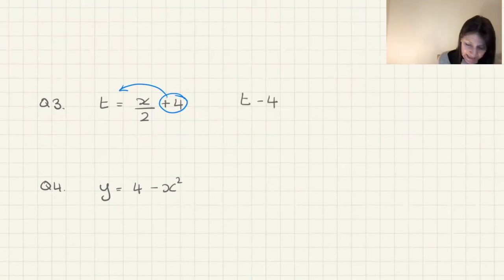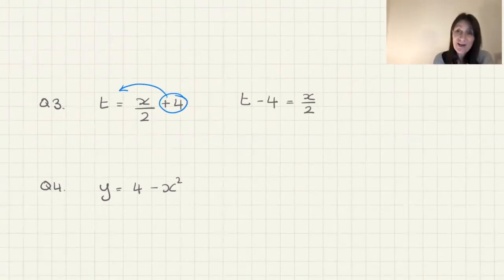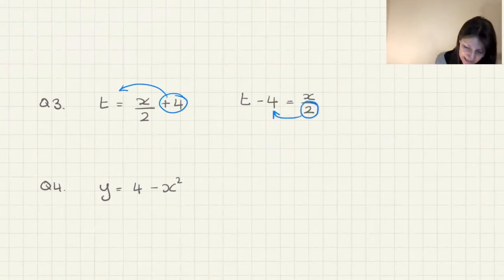Minus 4 lands, and that is equaling x over 2. Now that over is a natural way to look at that and maybe say that, but we've got to remember it is a divide. So I'm going to be getting rid of the 2 next, picking up that divide by 2, and it's going to drop and land as times 2.